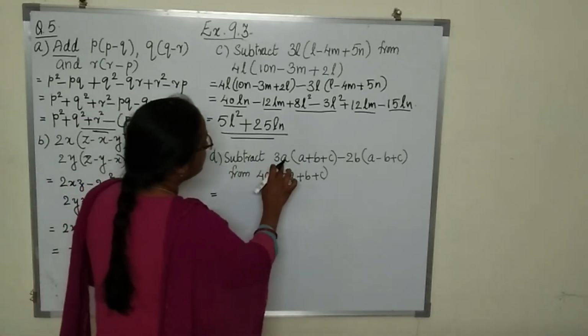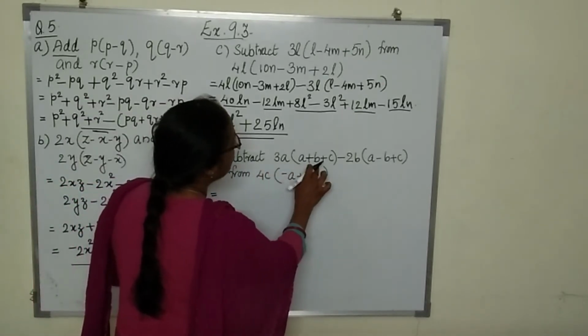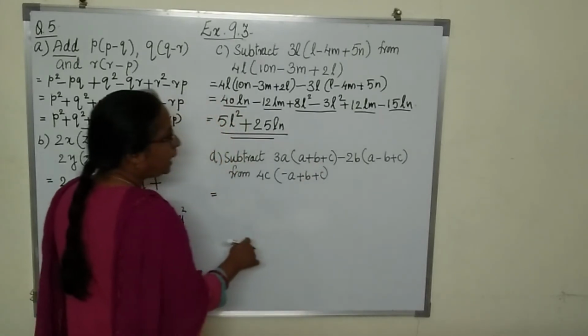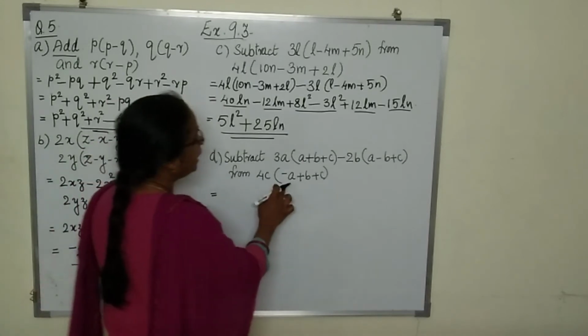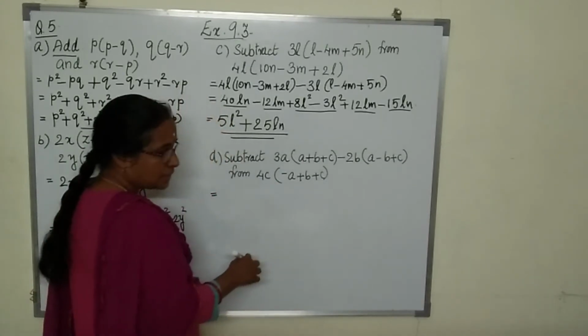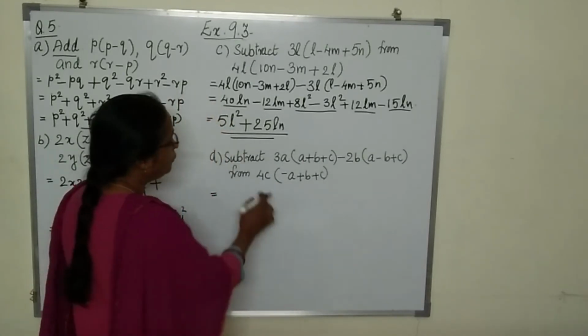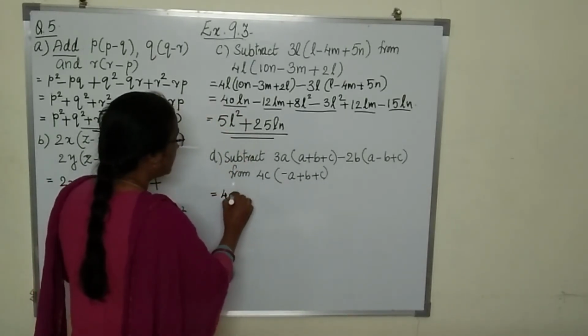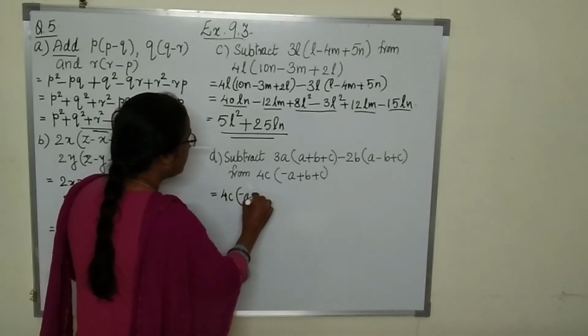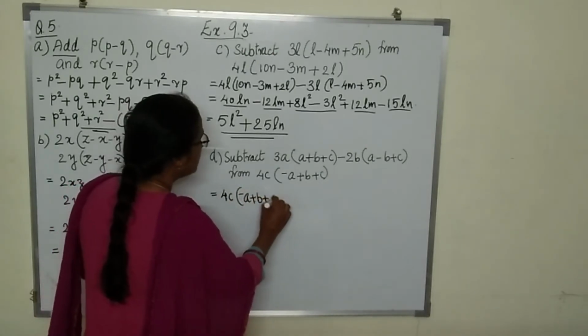Here subtract 3a into a plus b plus c minus 2b into a minus b plus c from 4c into minus a plus b plus c. So what do we have to do? First we have to find this product, 4c into minus a plus b plus c.